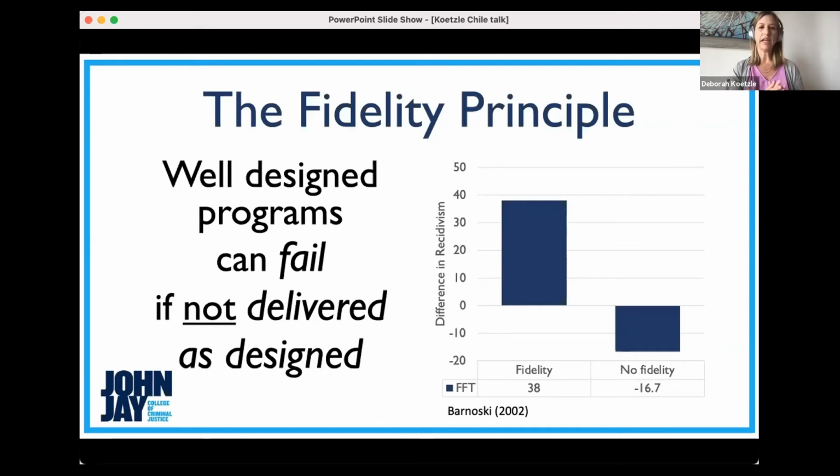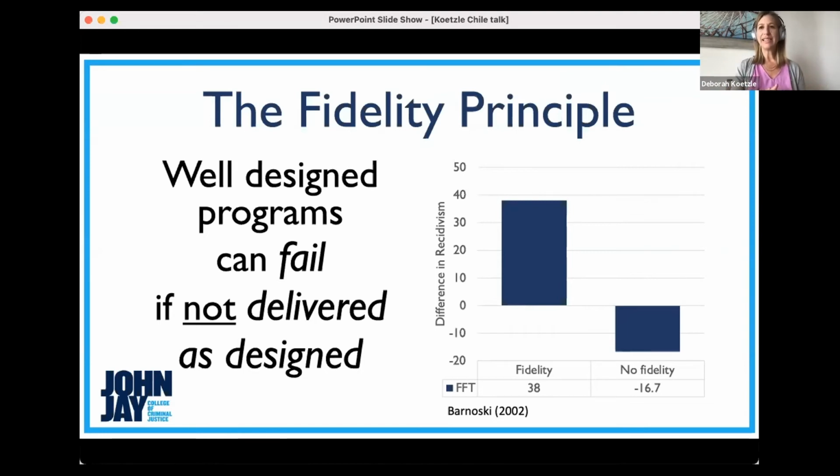Robert Bronowski in the state of Washington did a study looking at the effectiveness of FFT in Washington state when it was delivered with fidelity versus without. And so they rated all of the therapists, the facilitators delivering FFT, as delivering FFT competently or not, right? With fidelity or not.